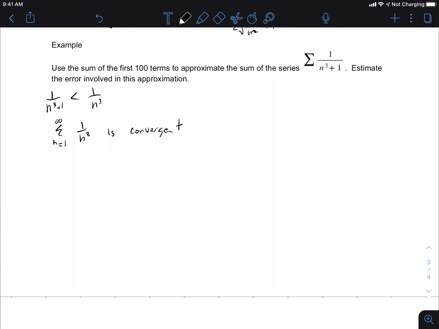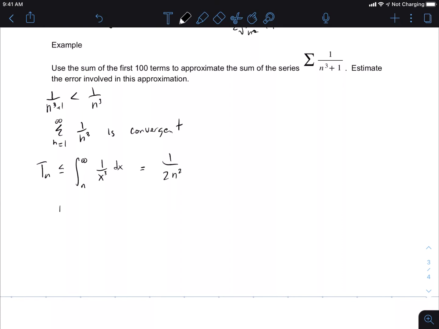And so some notation that we're going to use to solve this is T sub n is going to be less than or equal to the integral from n to infinity of 1 over x cubed dx. And we know that when we take the integral of 1 over x cubed, we're going to end up with 1 over 2n squared.